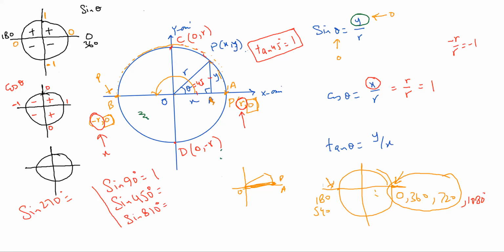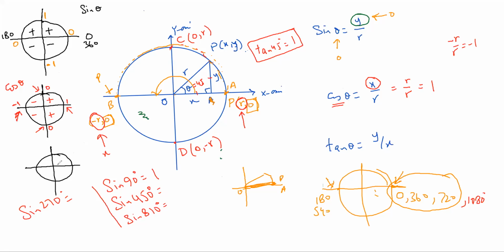Whenever your point passes through this point, the x coordinate will be 0, therefore cos will be 0. Whenever it passes through this point, the x coordinate is equal to the radius and positive, so this will always be 1. Here it will always be -1. And for this position it is always going to be 0.